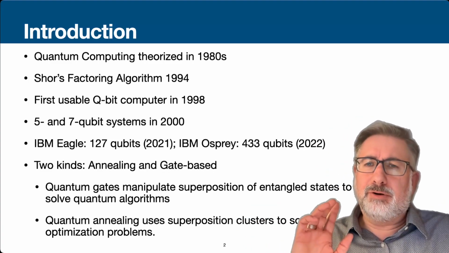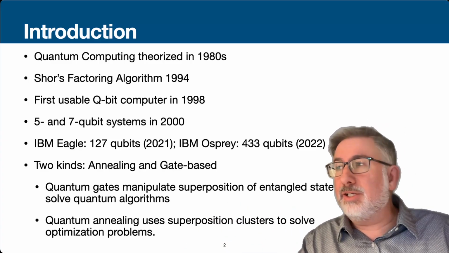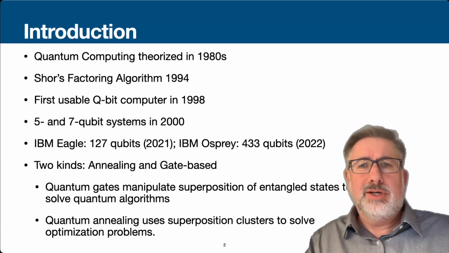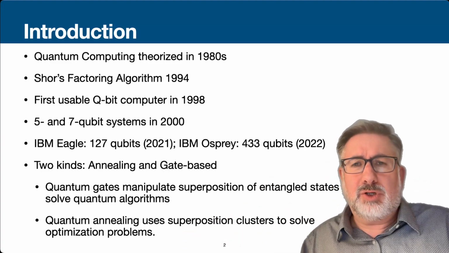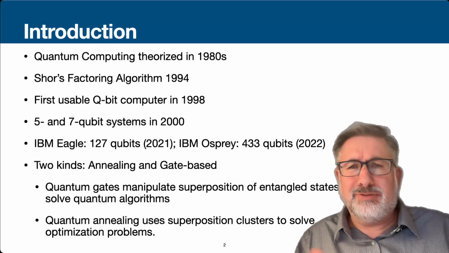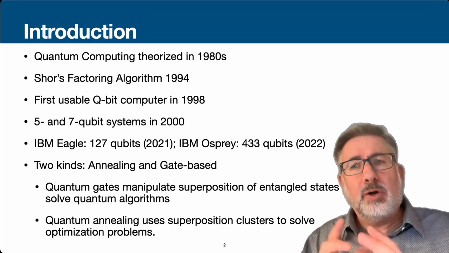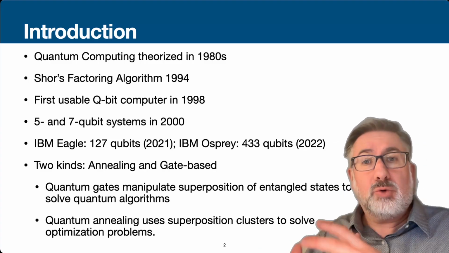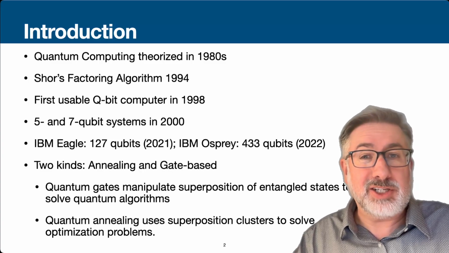One quick note here, though, because when you're looking at the kind of quantum computers that you might hear stories about in the news, sometimes you'll hear, oh, the biggest quantum computer is now 6,000 qubits, or the biggest quantum computer is now 100 qubits, and where are these differences? Well, there's two sort of different ways of doing quantum computing. The one we're going to be interested in is with quantum gates, and we're going to talk through all the intricacies of what quantum gates are and how they work.